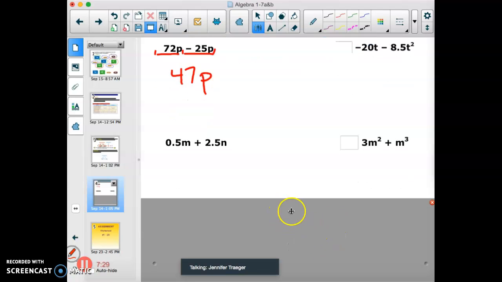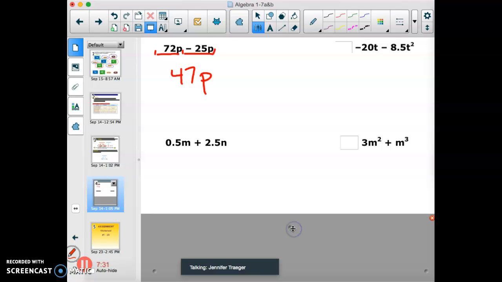Here we go. You've got a couple more problems. Let's look at this one: 0.5m plus 2.5n. Again, Keaton says we have maroon and neon.